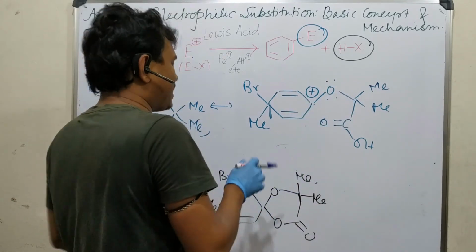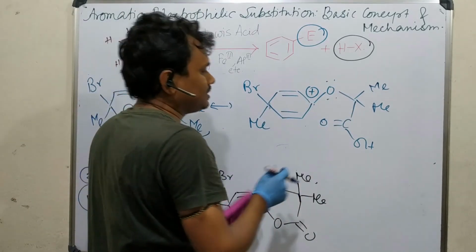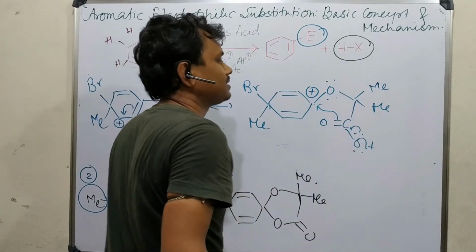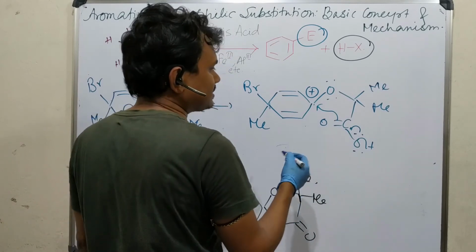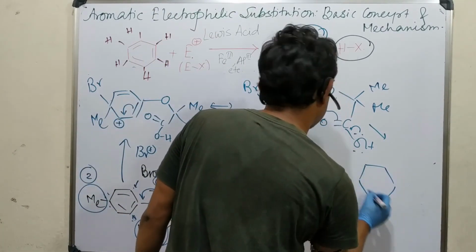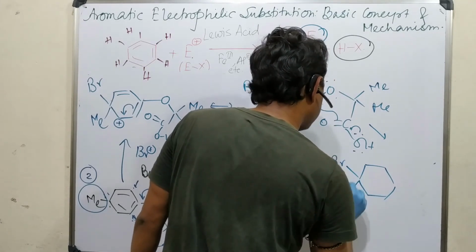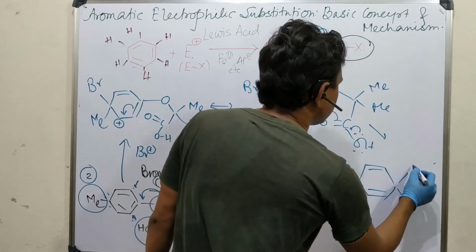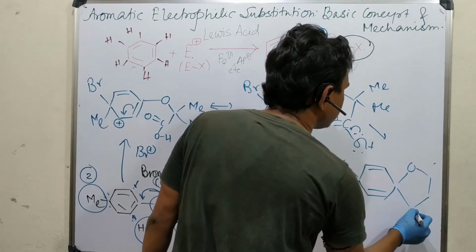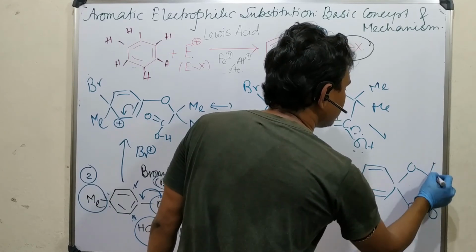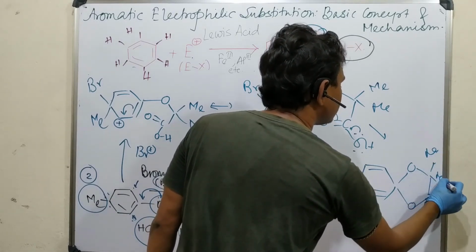Fine. But see what happens. Next, this attacks here. So when it attacks, it produces this: Br, methyl, 2 methyl, this is the oxygen and this is the C double bond. This is 1 methyl, this is 1 methyl.